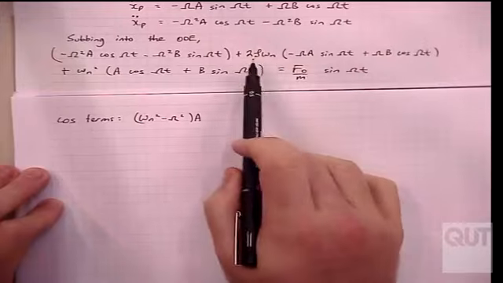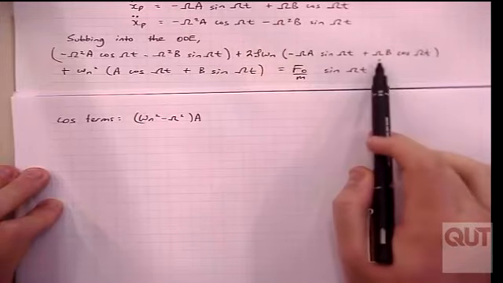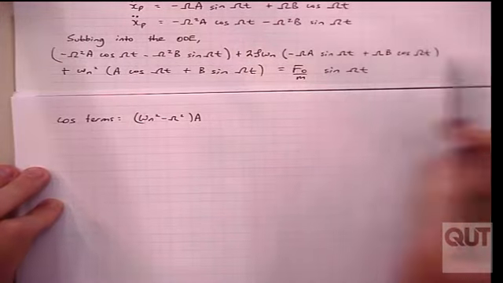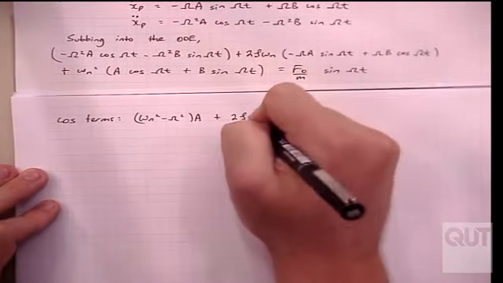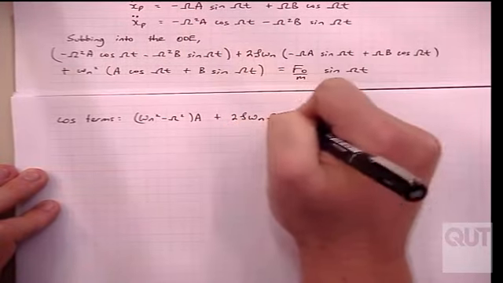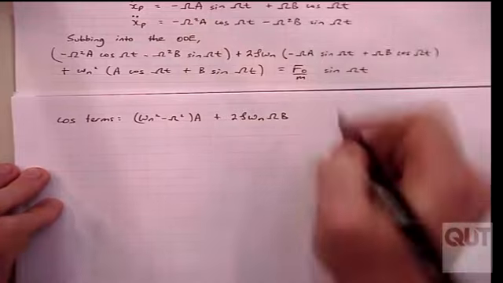Plus, there's a 2 zeta omega n omega B cos term as well. Those are all of the cos terms I can find on the left-hand side. Everything else is a sine term.